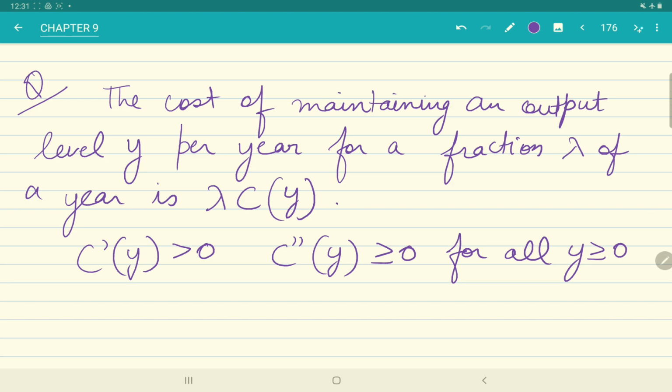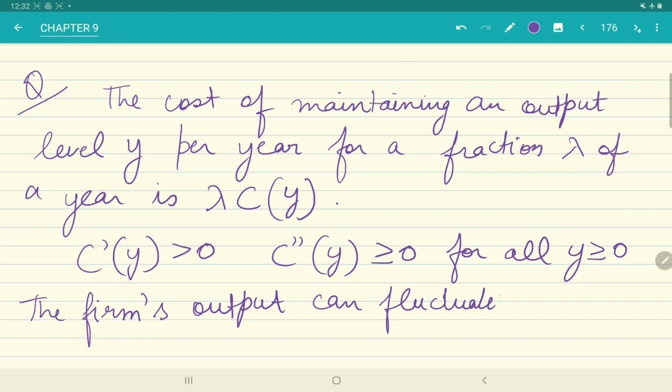And as far as the firm's output is concerned, I'll just explain what I mean by the cost of maintaining an output level Y per year for a fraction lambda of a year. The firm's output can fluctuate over the year.